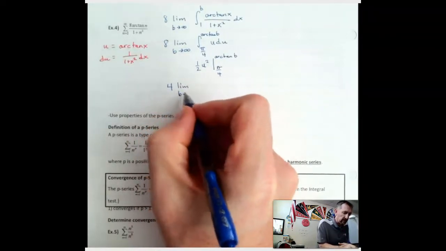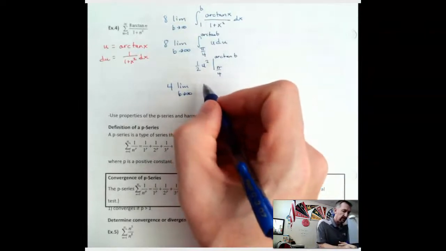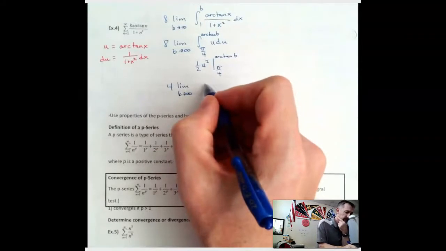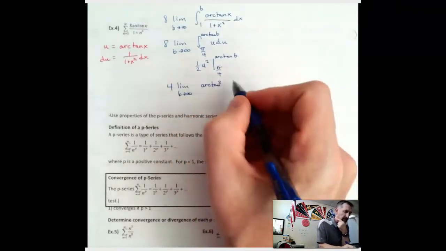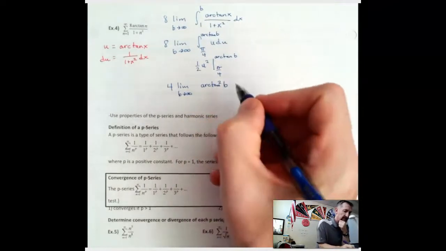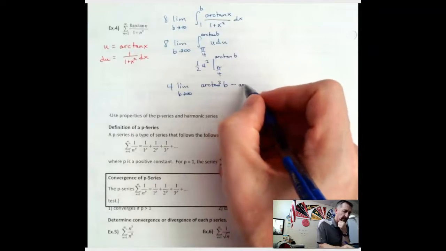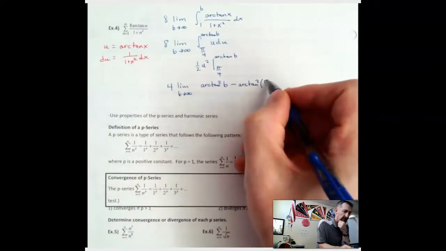Limit as b approaches infinity. Here, if we plug that in, we're going to have arctan squared of b minus arctan squared of pi over 4.